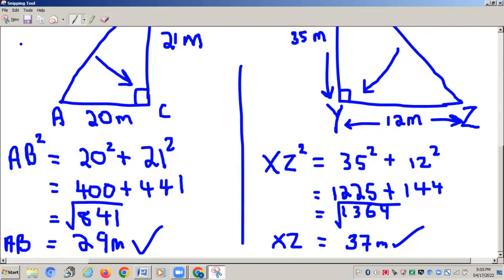Some calculators, you have to press the square root first and then punch in the number. It depends on the brand, because on some calculators the square root sign is a second function, which means it is not the original function button.